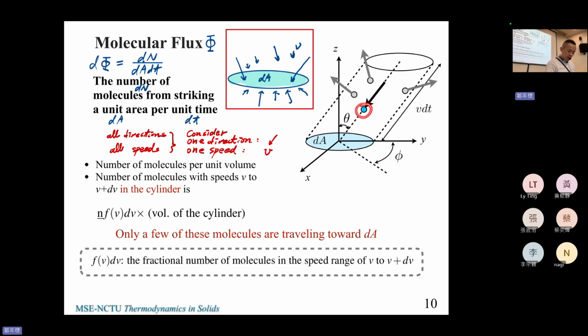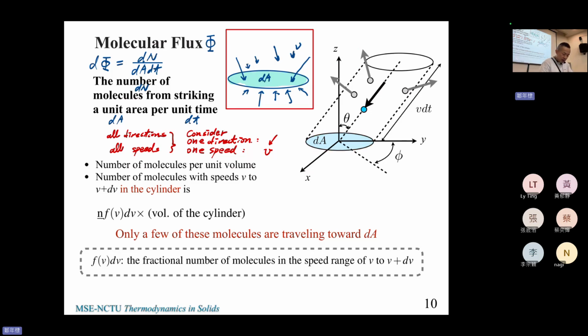We only consider the blue ones. So how many blue ones? Actually the particles in this cylinder will all bump into this dA.